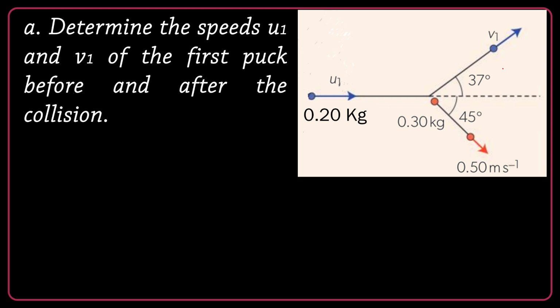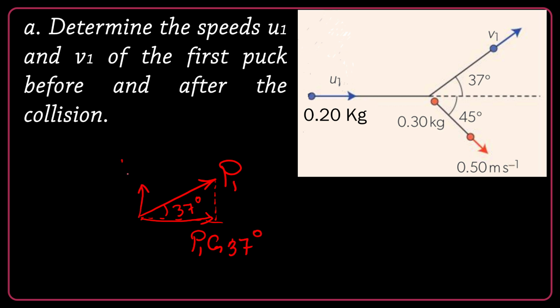Look at this. Let's say this is P1, the momentum of the first puck after the collision. It makes an angle of 37 degrees to the horizontal. Here I have P1 cosine 37 degrees, the horizontal component, and here P1 sine 37 degrees, the vertical component.